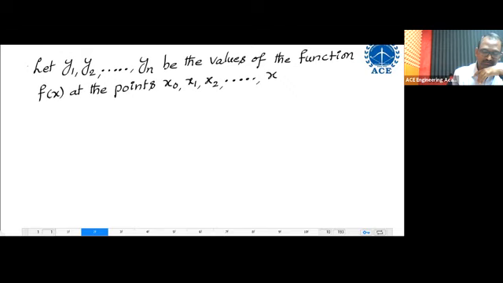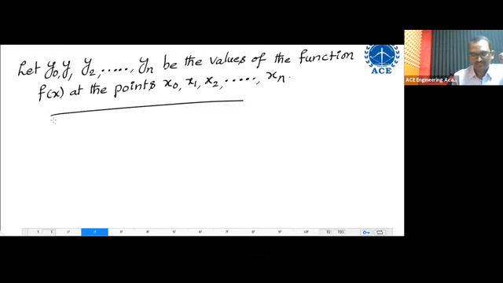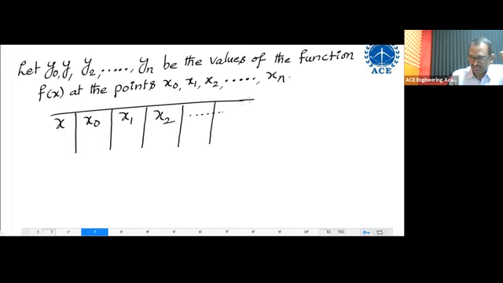Similarly, this is also y0, y1, y2, yn. X values x0, x1, x2. Y values are defined at the x values.